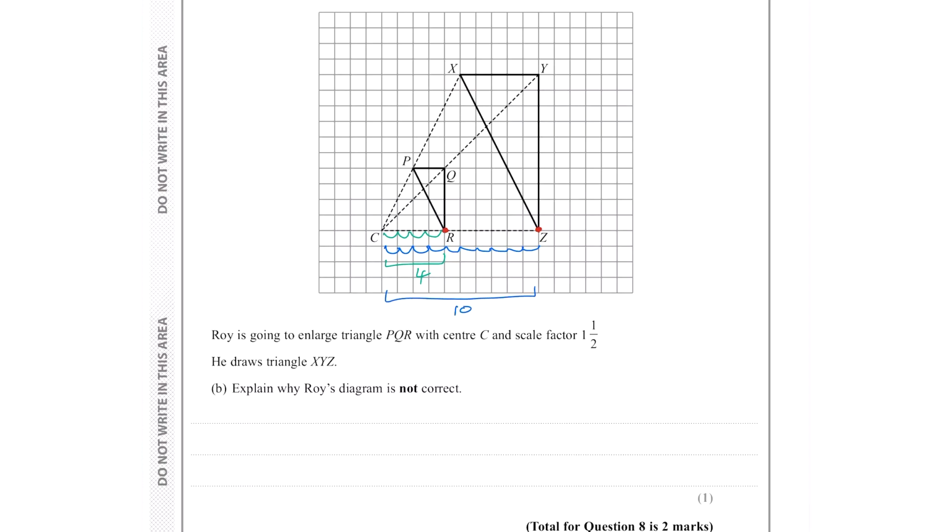So that's not quite 1.5. So the scale factor is actually 2.5. So he's used the wrong scale factor essentially. So you would write that it's enlarged by scale factor of 2.5, not 1.5.